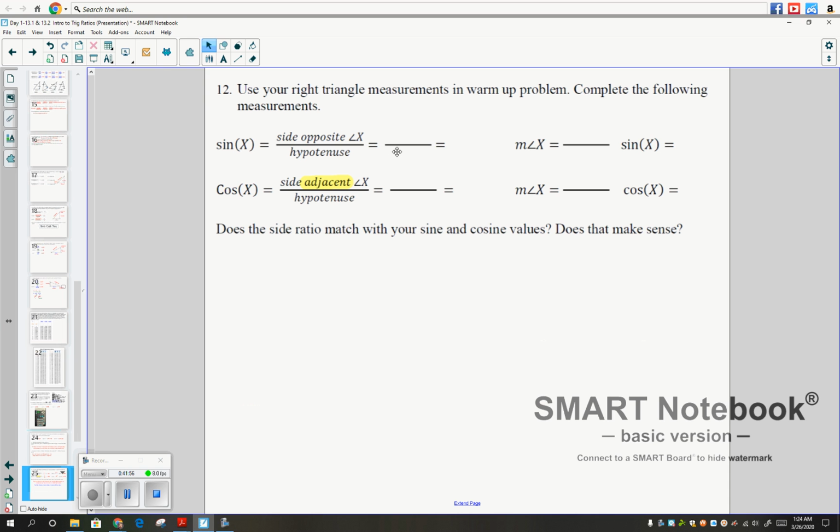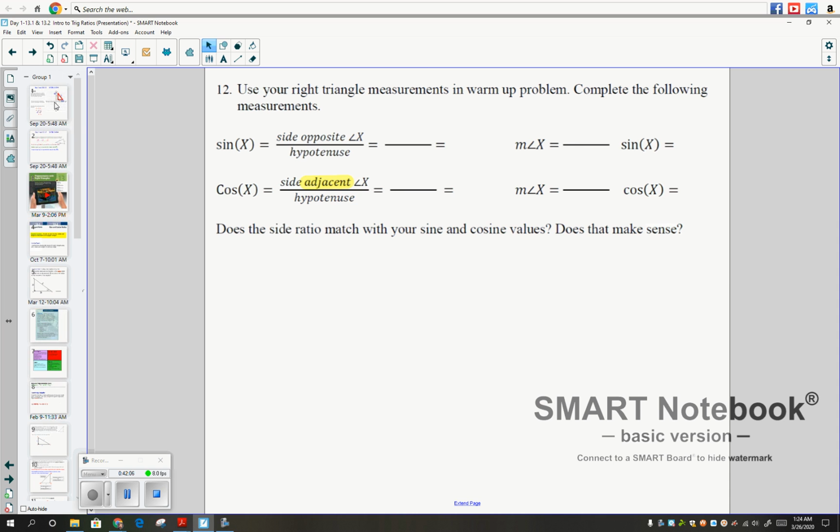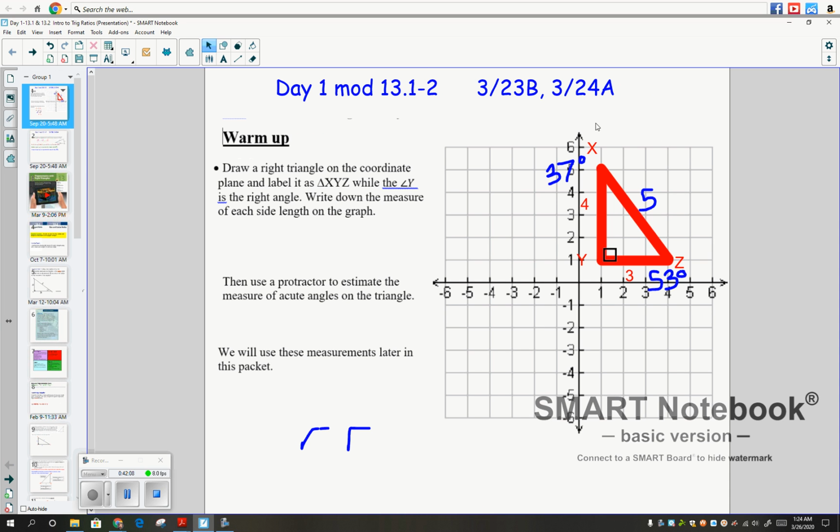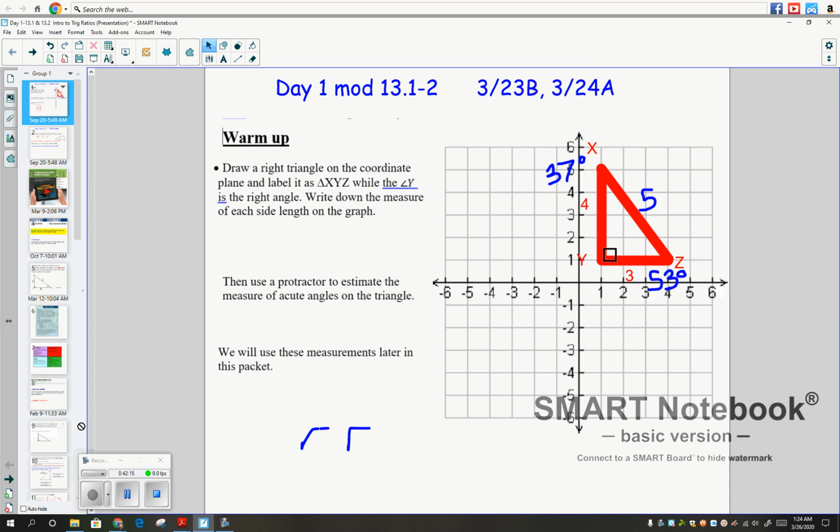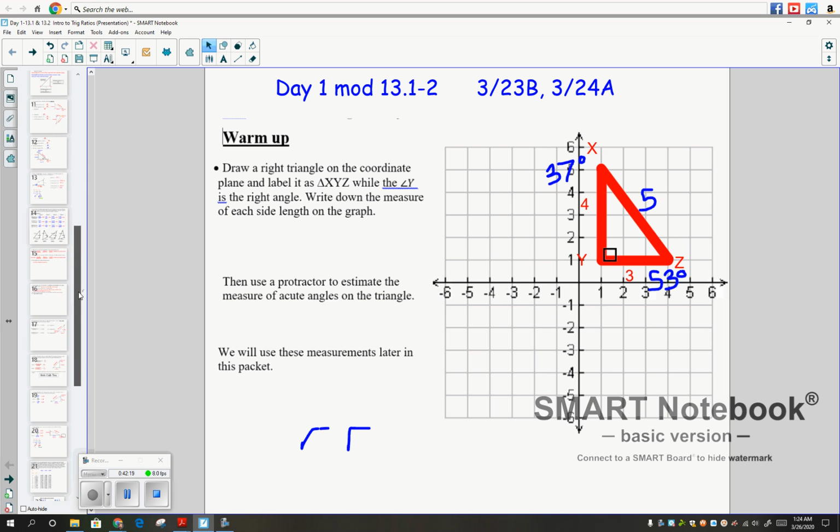So now we're going to go back to our problem in the warm-up. Sine of x. Remember, sine is defined as the side opposite of angle x. Back to my warm-up. So which side was opposite of angle x? 3. The hypotenuse was 5.